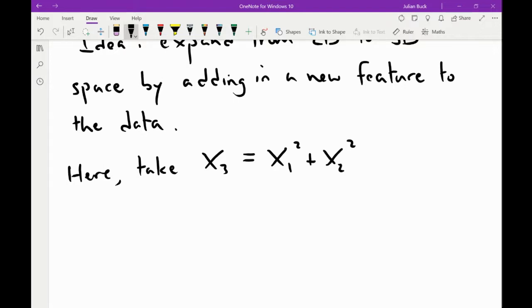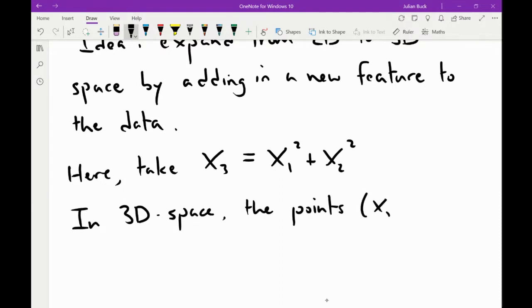In 3D space, the points x1, x2, x3 form a paraboloid.